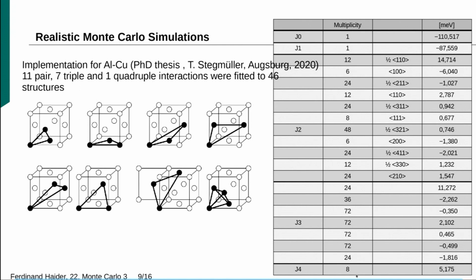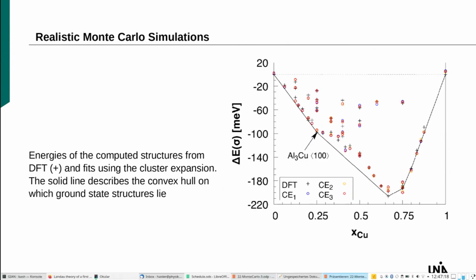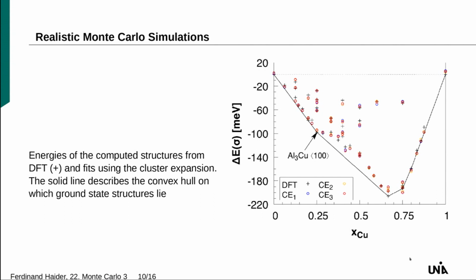How do you control now that you did enough, that you took enough of these interactions into account? That's shown on the next slide here. This somehow resembles the ground state obtained by the Kanamori inequalities. So what is done here is that you plot these values obtained from DFT, these are the crosses, as a function of the copper content, if you have aluminum copper.